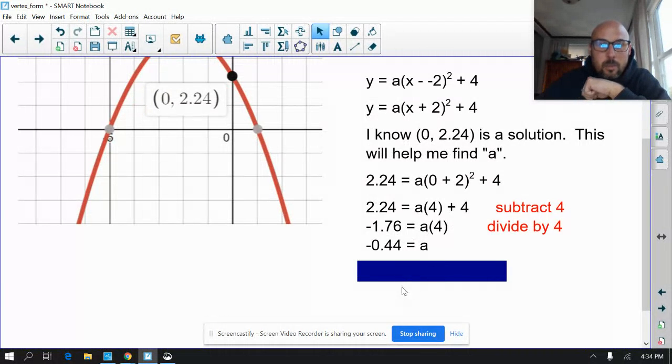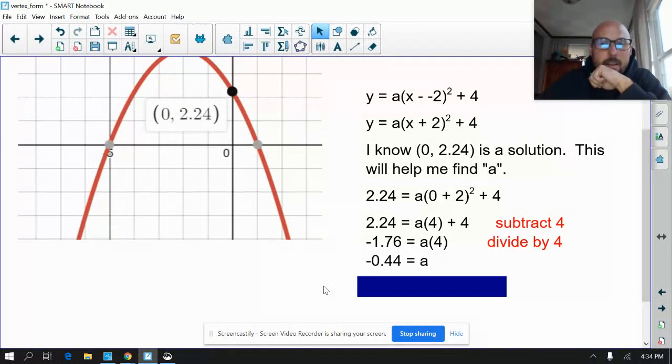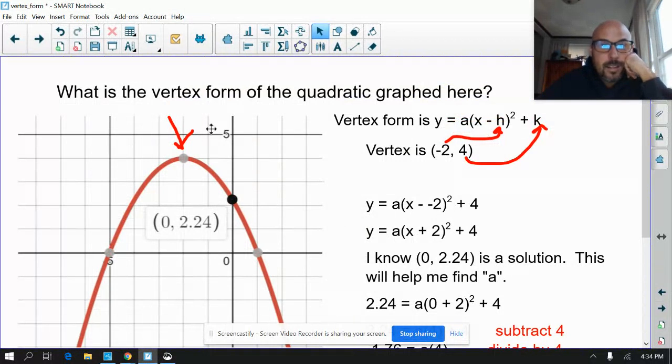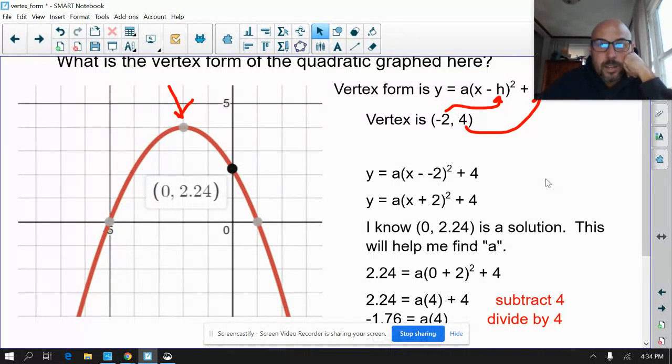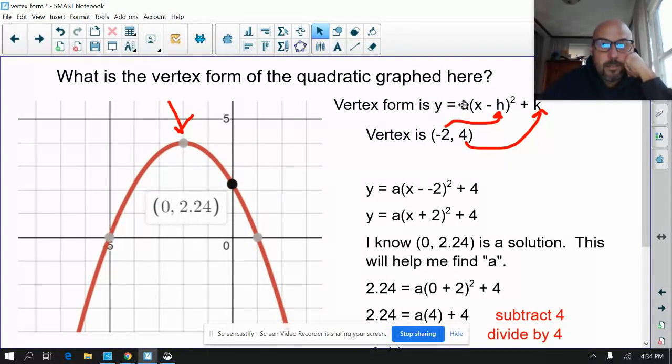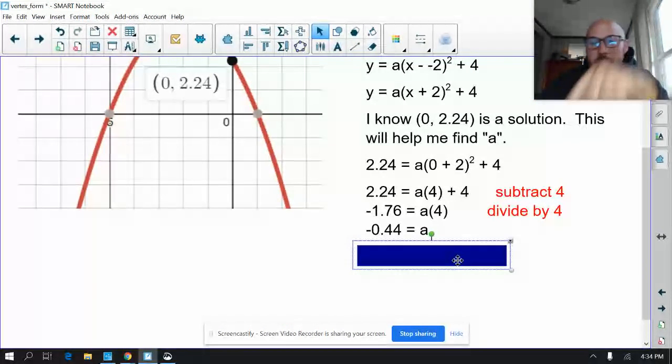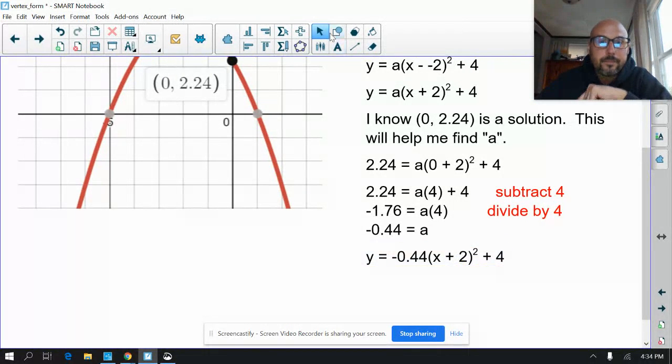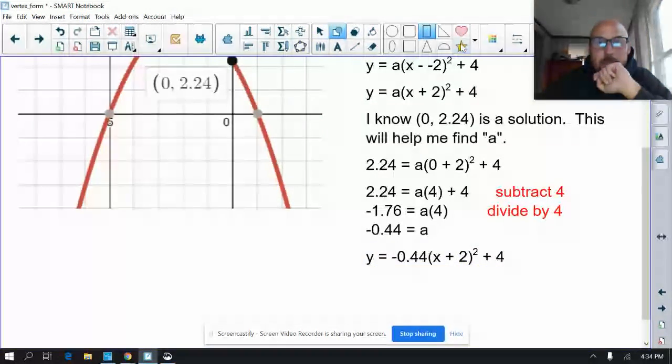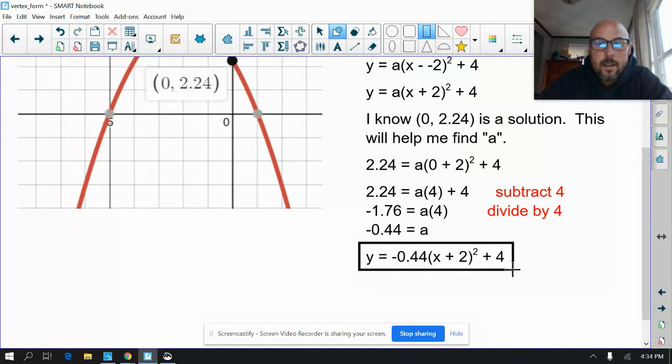I got one more box here. What's underneath this blue box? Remember what we want to find. We want to find the vertex form of this parabola. We know h, we know k. All we have to find now is a. And we had to put all three numbers into our solution.